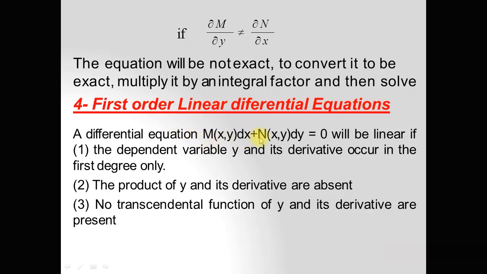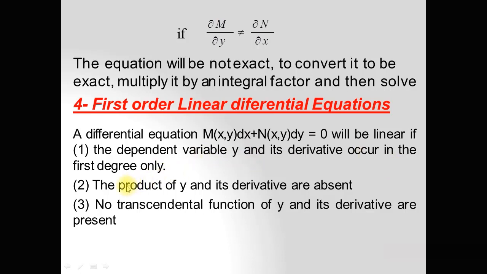A differential equation of the first order M dx plus N dy is equal to 0 will be linear if these 3 conditions are satisfied. The dependent variable, say y, and its derivative occur in the first degree only.